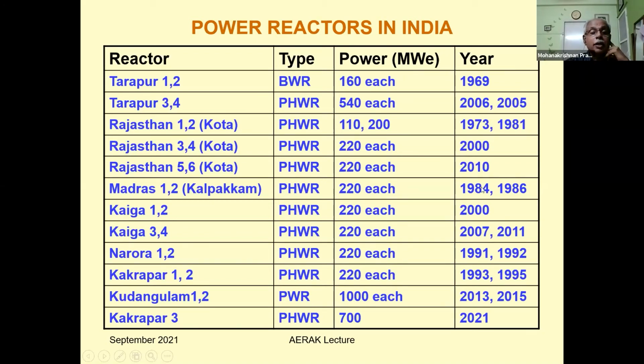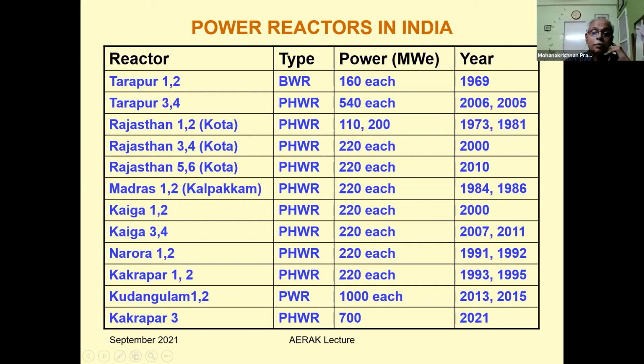And then Kaiga, where there are 4 units working. And the bigger reactors, 540 megawatt, Tarapur 3 and 4, came in 2006 and 2005. And the very recent reactor, Kakrapar 3, has been commissioned now and got 50% power. And it is this year.